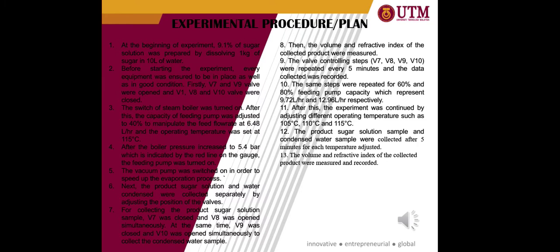Then the boiler pressure is increased to 5.4 bars, which is indicated by the red line on the gauge, and the feeding pump is then turned on. The vacuum pump is also switched on in order to speed up the evaporation process.